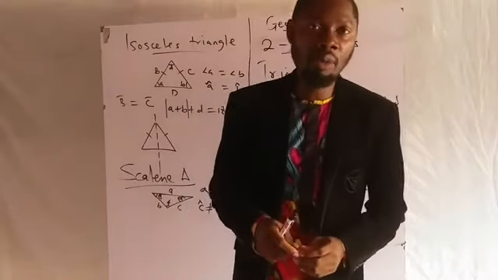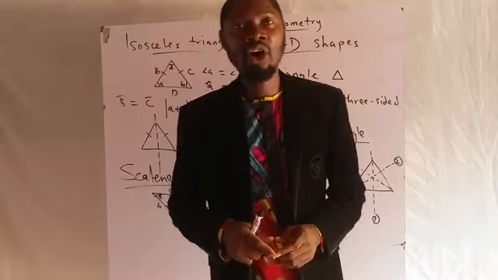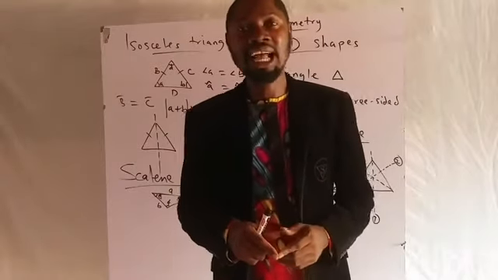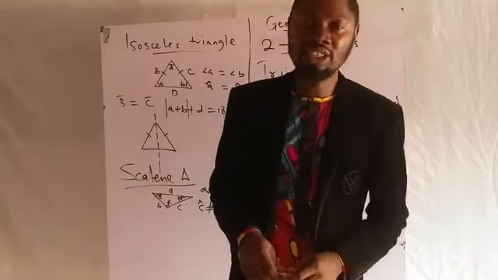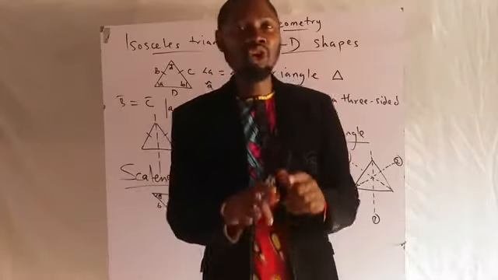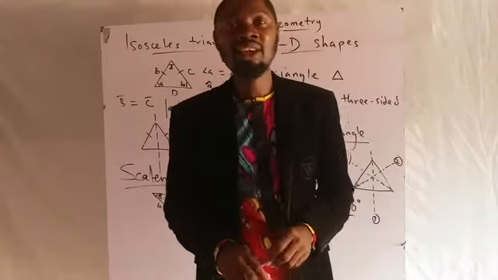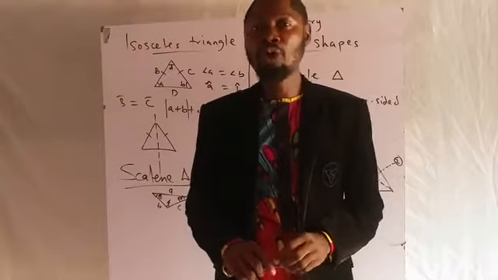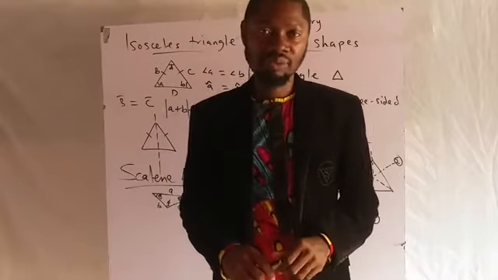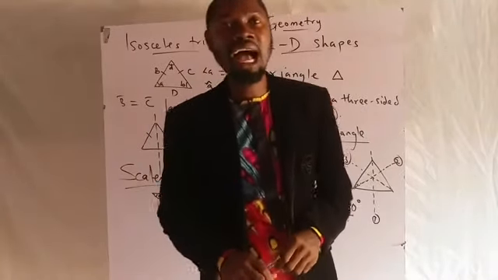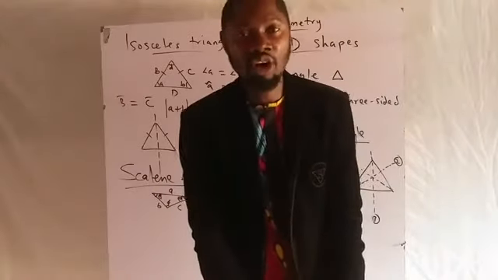And I said the sum of angles in the triangle is 180. An isosceles triangle is a triangle that has only two equal sides with two base opposite equal angles. I said an isosceles triangle has only one line of symmetry.